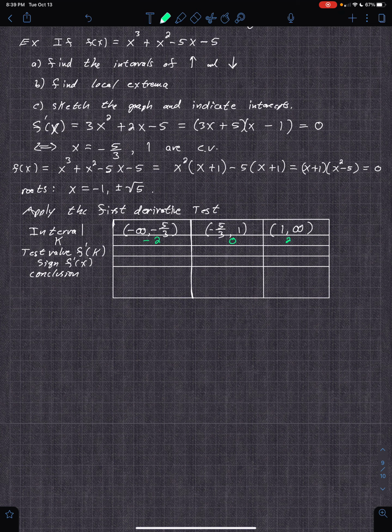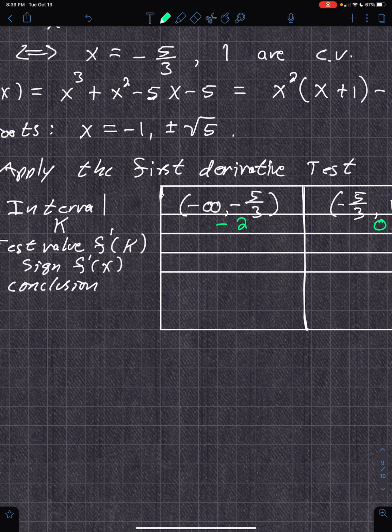Within each interval, I use a test value to see whether f prime is positive or negative. So I'm actually going to evaluate f prime. I plug that value into f prime and see what I get.